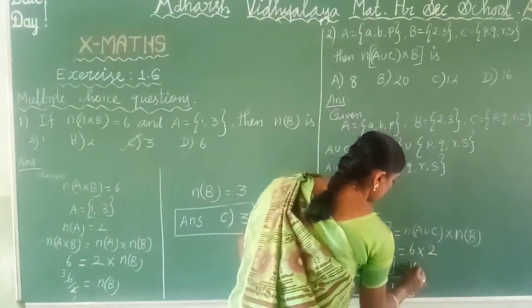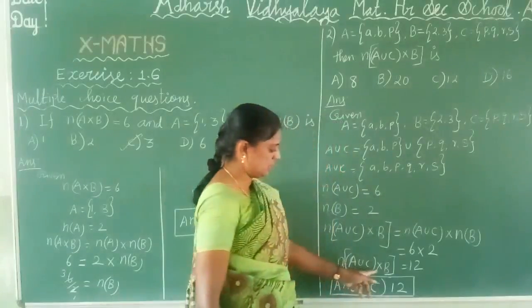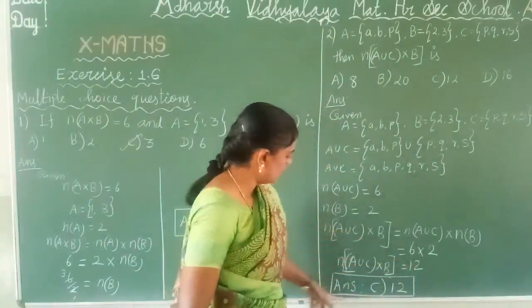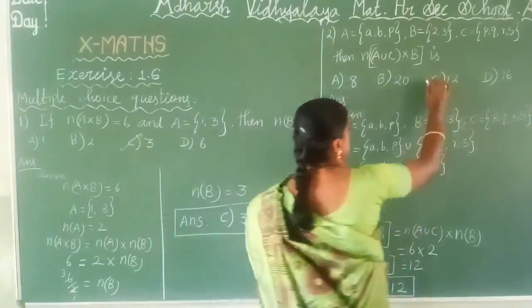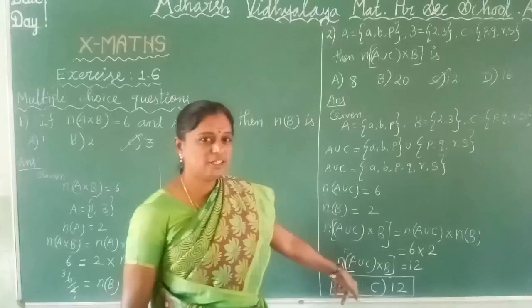So 6 twos are 12. So n((A union C) cross B) is equal to 12. Which option? The answer is option C, 12.